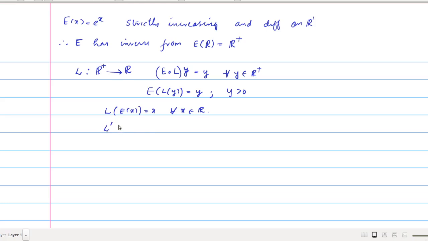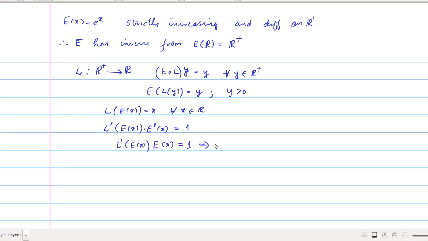Now you differentiate this, you can get L dash. The derivative of this is L dash of E of x into E dash of x equal to 1, because the derivative with respect to x is 1 on the right hand side, and E dash x we already proved is E of x itself. So L dash of E of x into E of x is equal to 1.